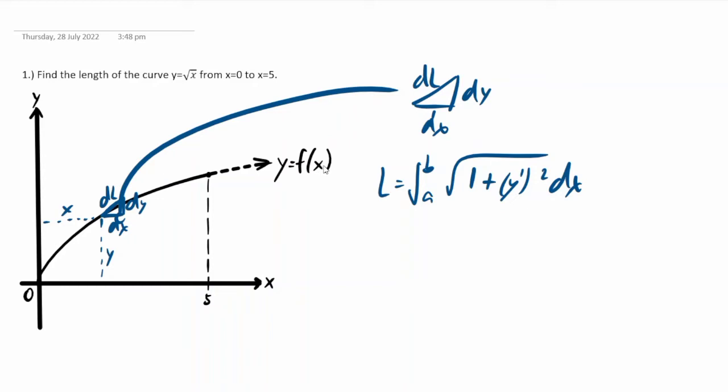Our y equals f of x, right? And our f of x here is going to be the square root of x. So to get the y prime, we get the derivative of y equals the square root of x.